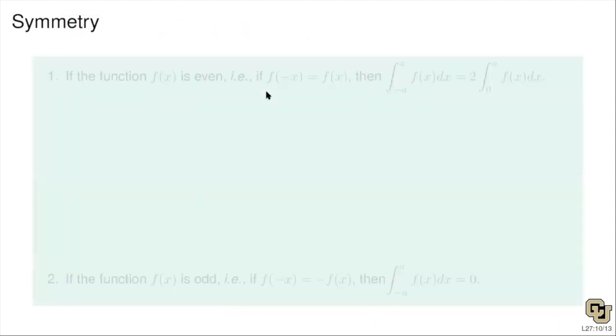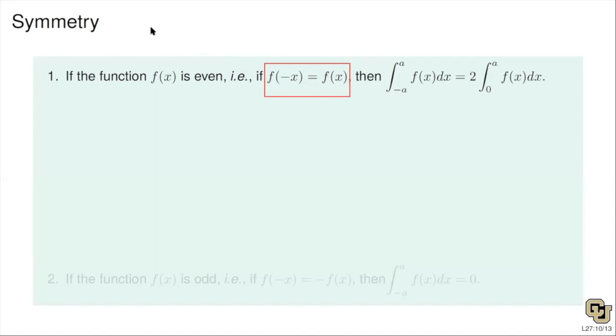So here, let me end up section 4.5. We finally want to talk about some situations where we can get the integral immediately, either simplify it or get the integral immediately using geometry. So for example, suppose we have an even function. You remember the definition of even, f of negative x equals f of x.